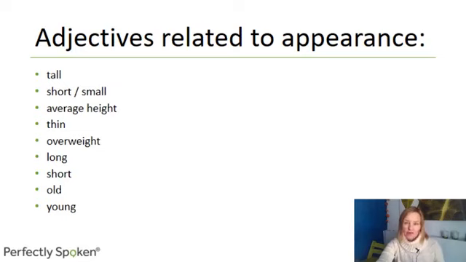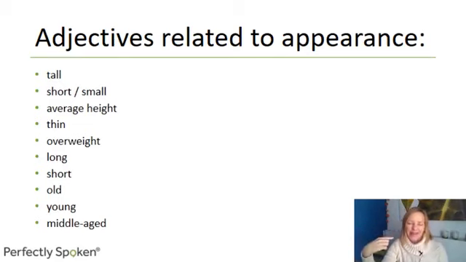well, it depends on your opinion. And then you've got middle-aged. Now, middle-aged, I suppose, is from about 45 to 60. I don't know. I think I'm middle-aged, but that's okay. Okay.